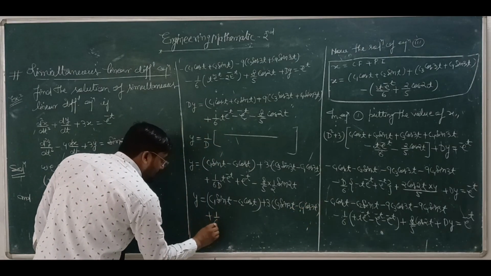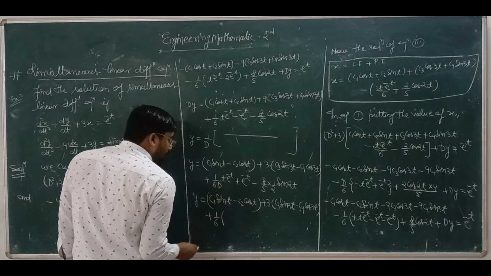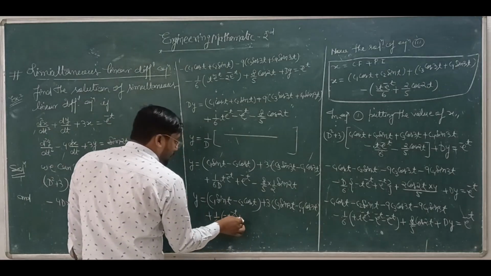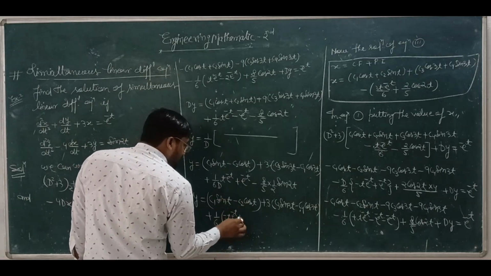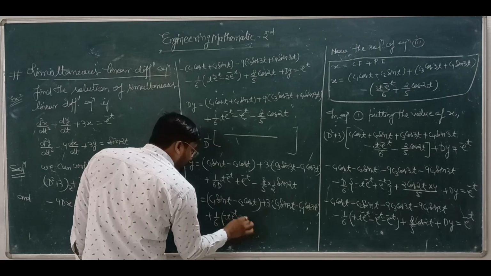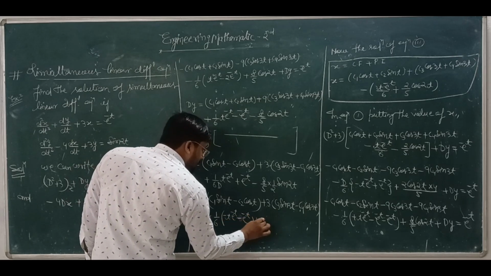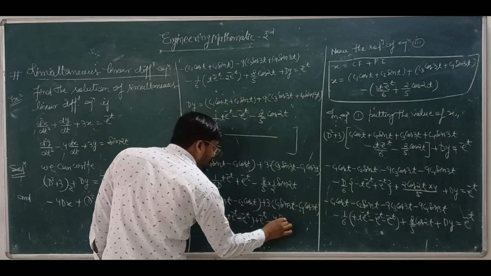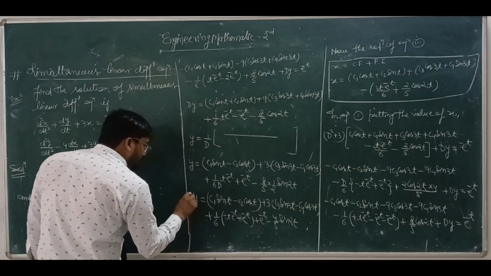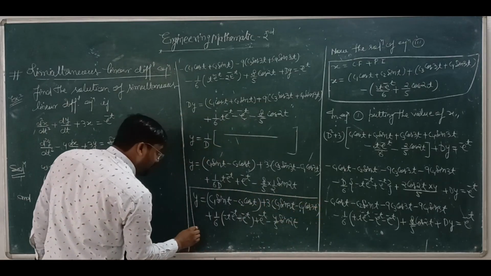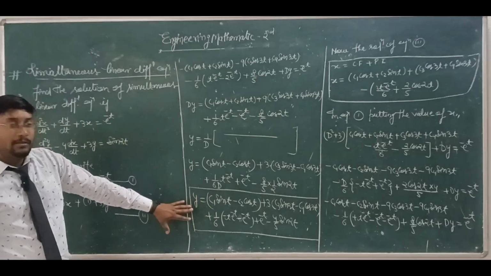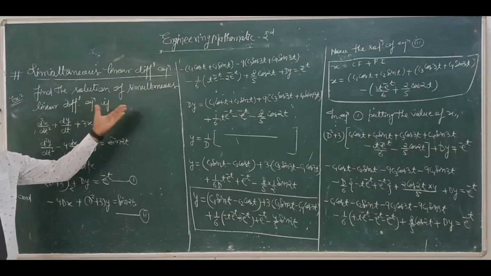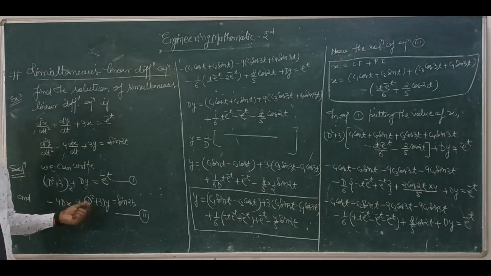Now plus 1 by 6 integration of this function, you can write t e to the power minus t plus e to the power minus t, minus e to the power minus t plus e to the power minus t, minus 4 upon 5 sin 2t. This is the value of y. Now you can find the value of x and the value of y. This is the solution of simultaneous linear differential equations, first and second. Thank you.